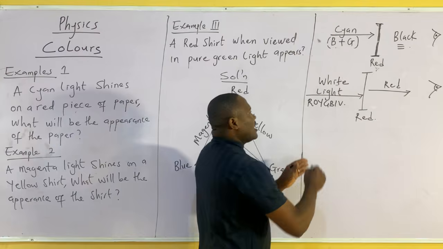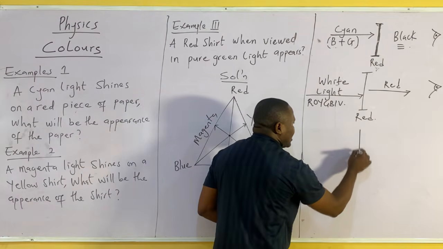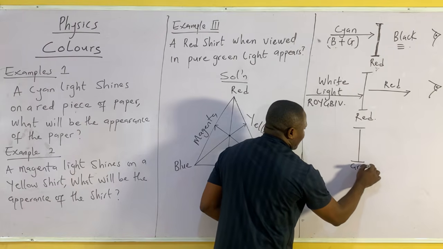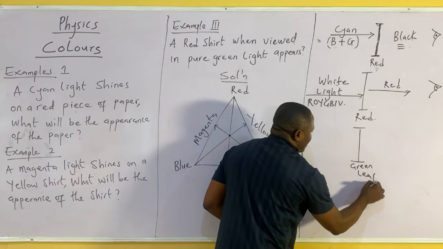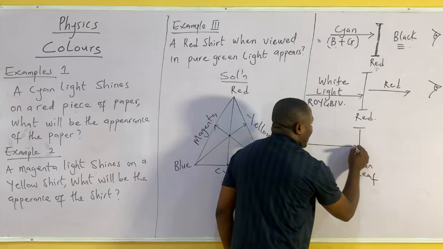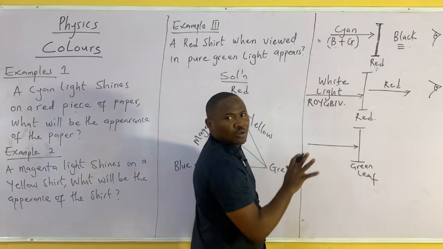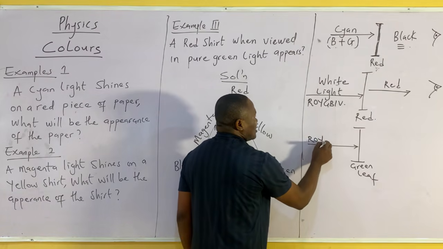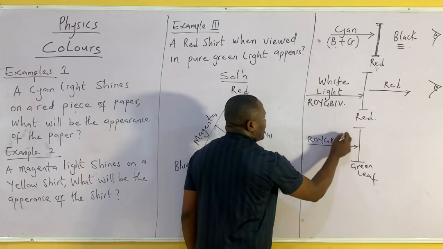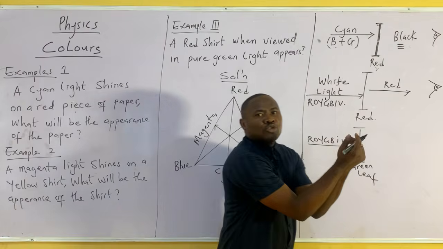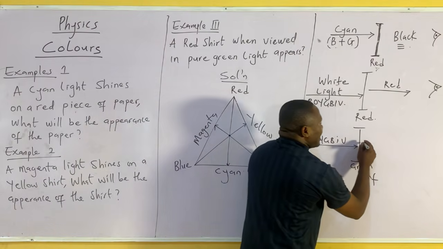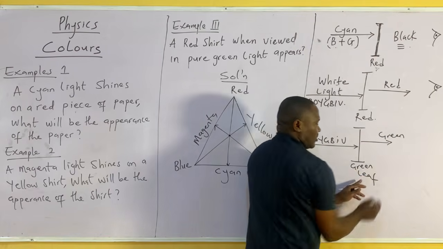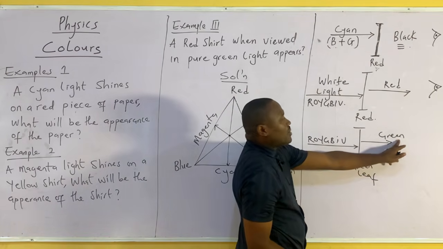The same thing if white light is shone on a green leaf, all other components present in white light will be absorbed. The only thing that can pass through is green, because green will allow green to pass.